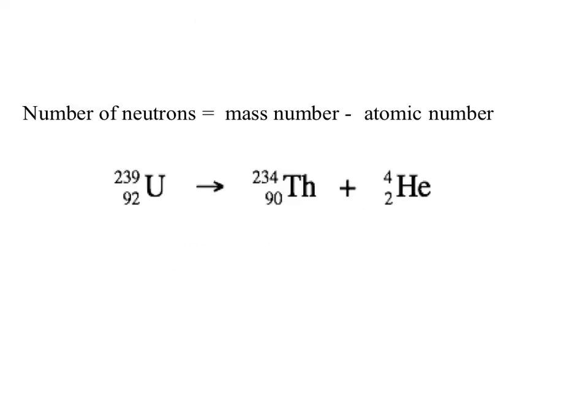All right, now here is an example, and I think this one has a typo. Yes, it does. I will correct that. So this is U-238. That's a very well-known isotope of uranium.